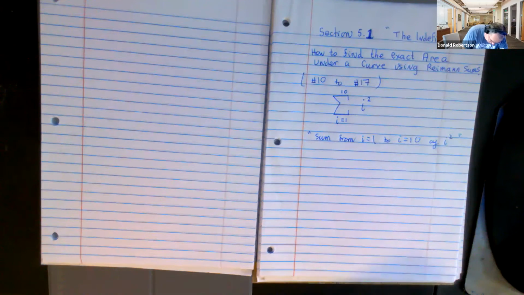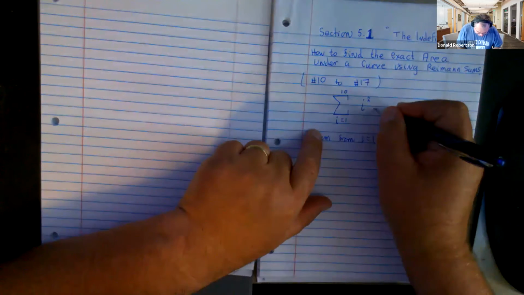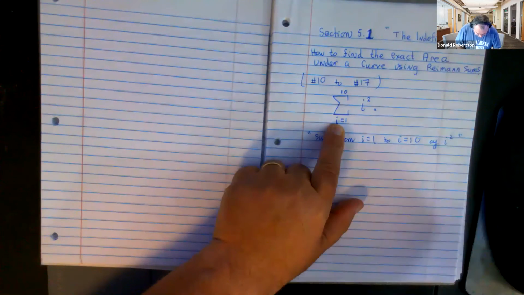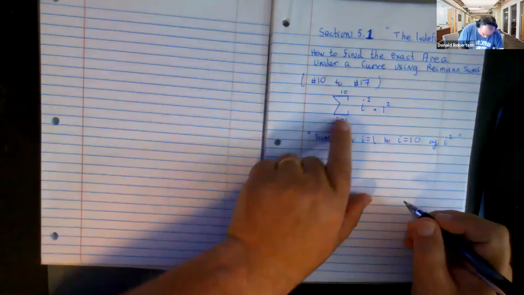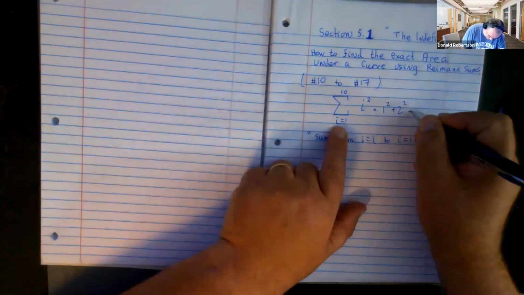So how does it work? Well, this i is called a counting variable. So i equals 1, and you get 1 squared. And then you go to 2, and i equals 2 gets you 2 squared. And then you go 3, and then you go 4, and 5, and 7, and 8, and then you finish with 10 squared.